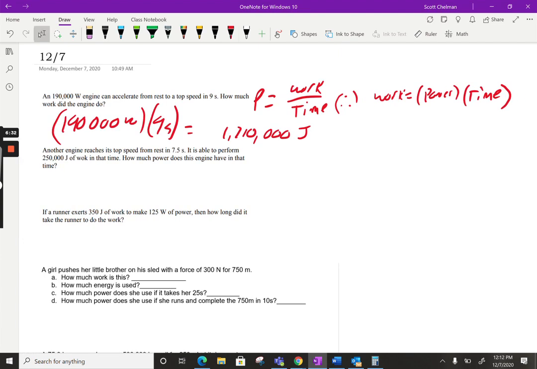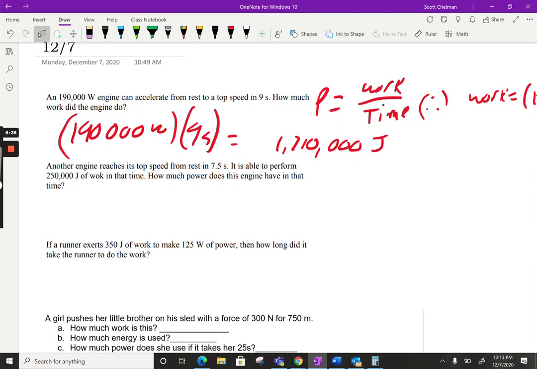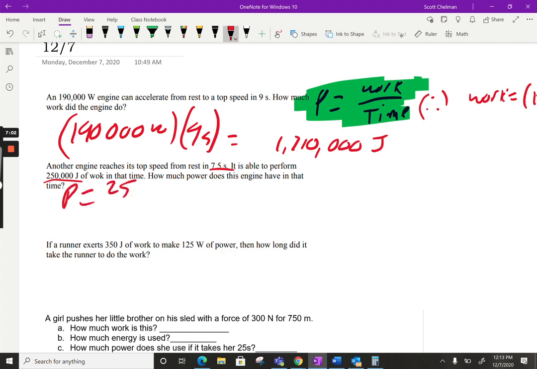Okay, so next one, another engine reaches top speed in 7.5 seconds. It's able to perform this much work in that time. So, again, power is work divided by time. So, we got 250,000 joules divided by a time of 7.5 seconds.